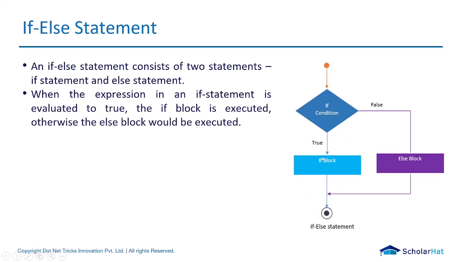If it is true, then this blue block will be executed. If it is false, we were ending the program, that this block will not be executed. But when we write if else together, then if it is not true, the else block will be executed.